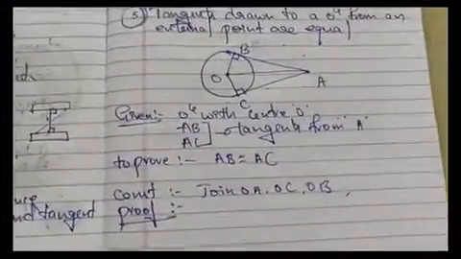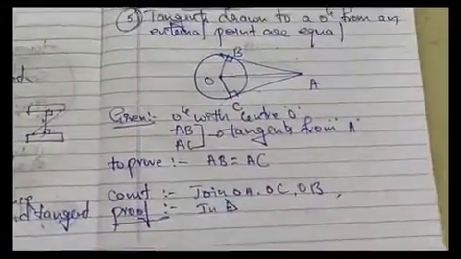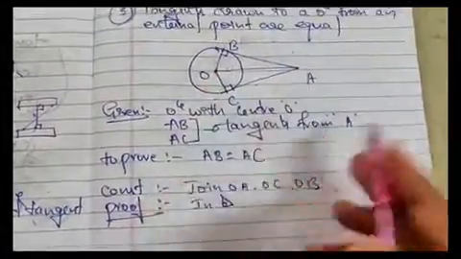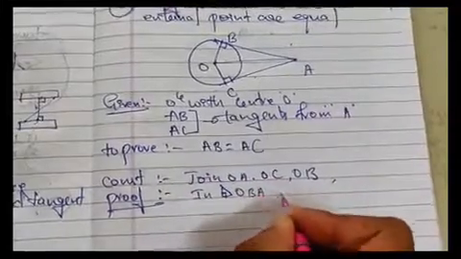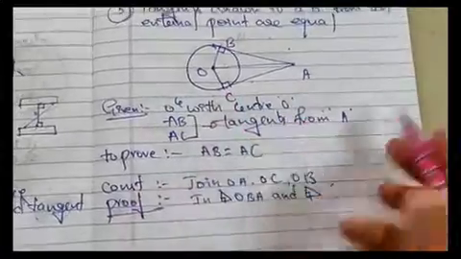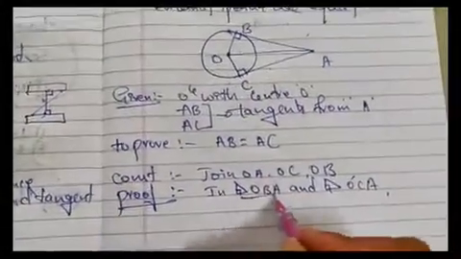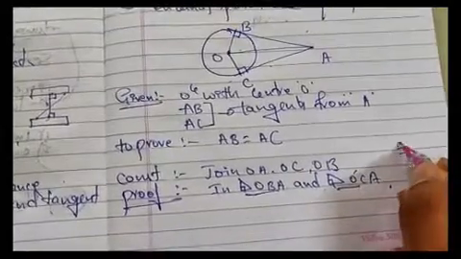So let us name the triangles first. In right angle triangle OBA, and there is another right angle triangle OCA. What we have to prove is that these two triangles are congruent to each other.